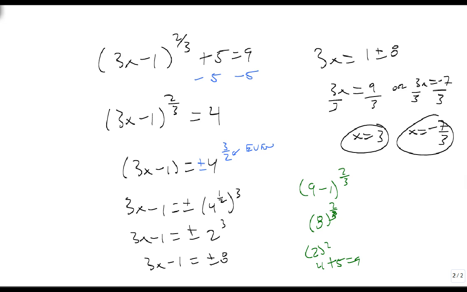The other one's going to be a little bit harder, so let me give myself some more room for this. 3 times minus 7/3, minus 1, raised to the 2/3 power plus 5 equals 9.